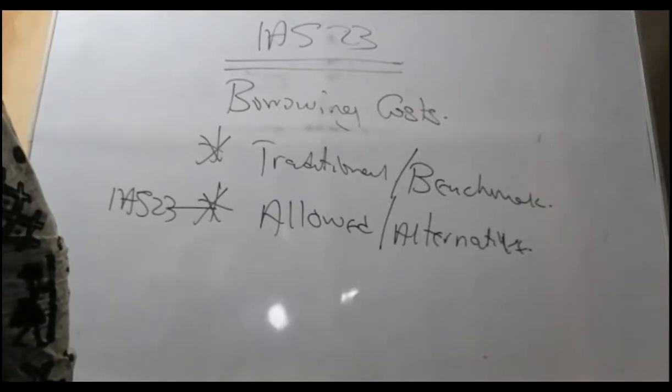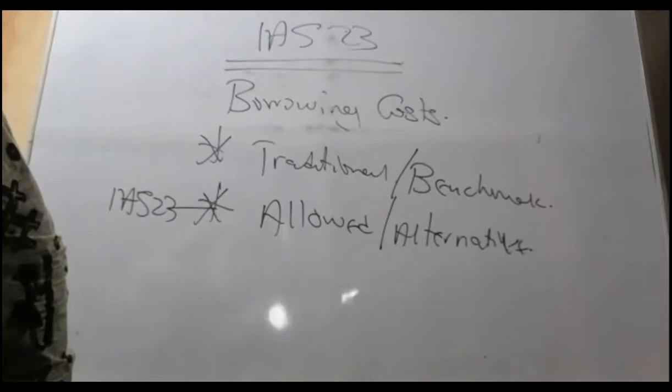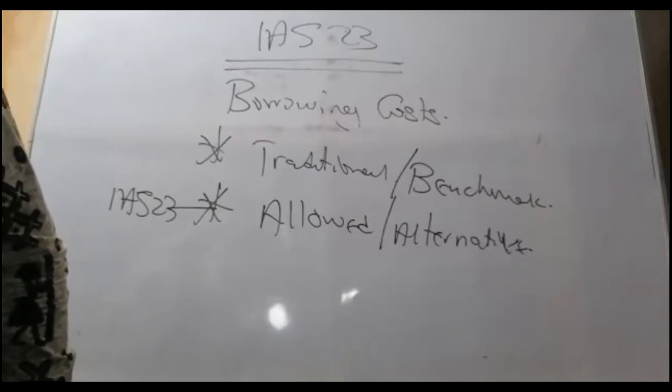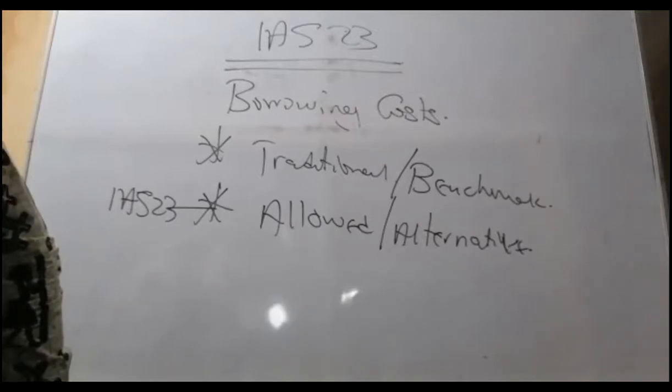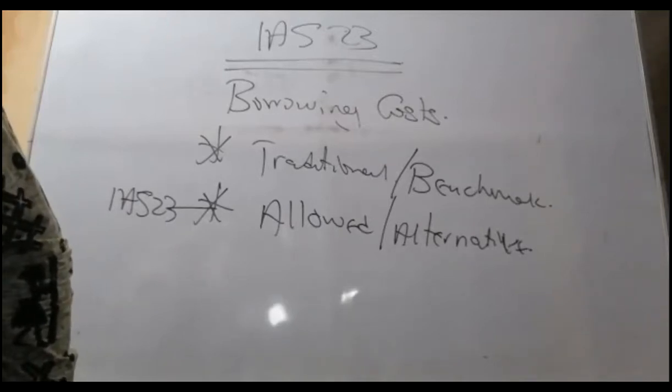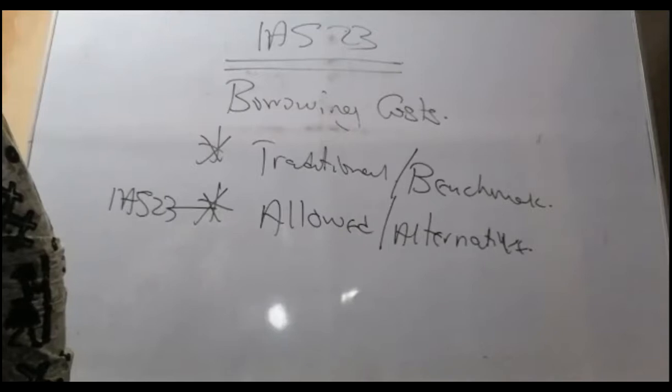All the time that they are wasting is also a cost to you. You could have used it to go and work somewhere and get money. So all of this I have classified as borrowing cost. Your time wasting is also a cost.